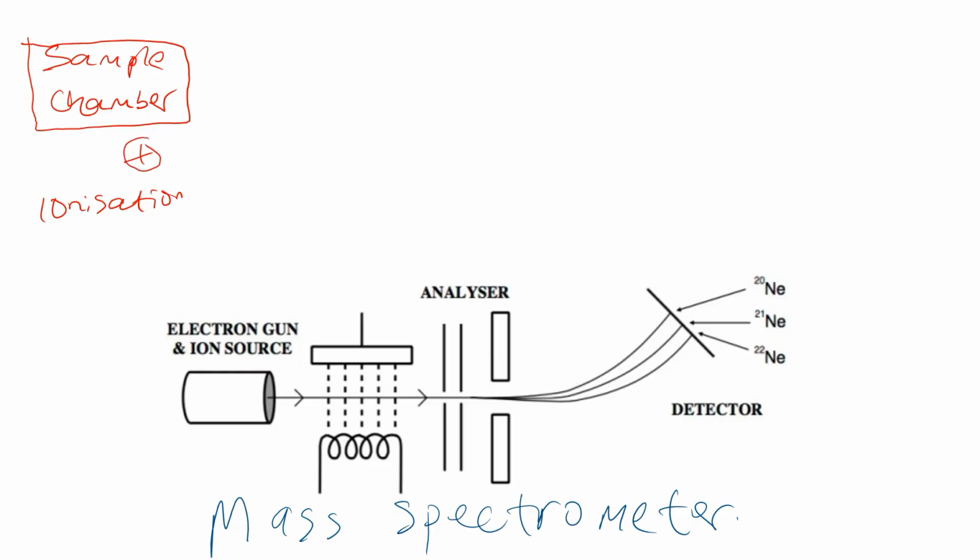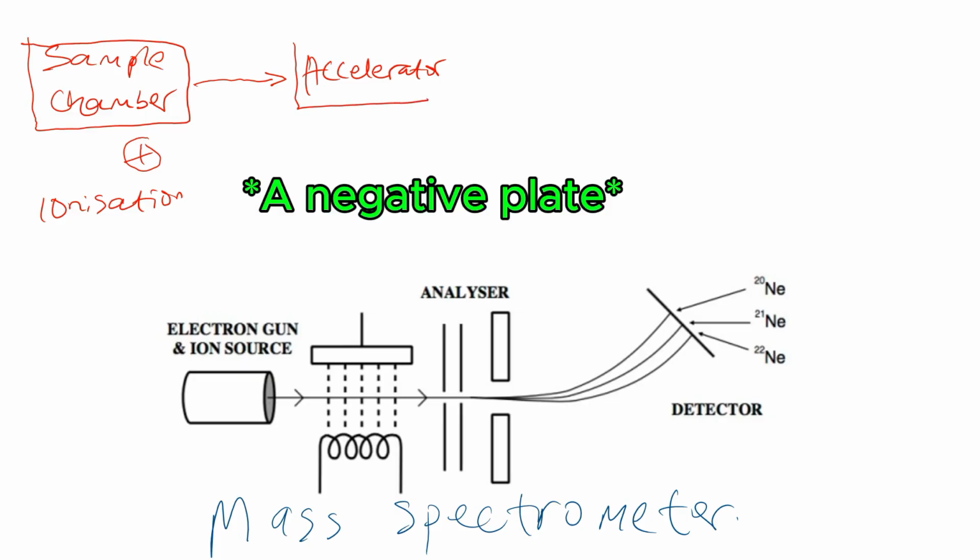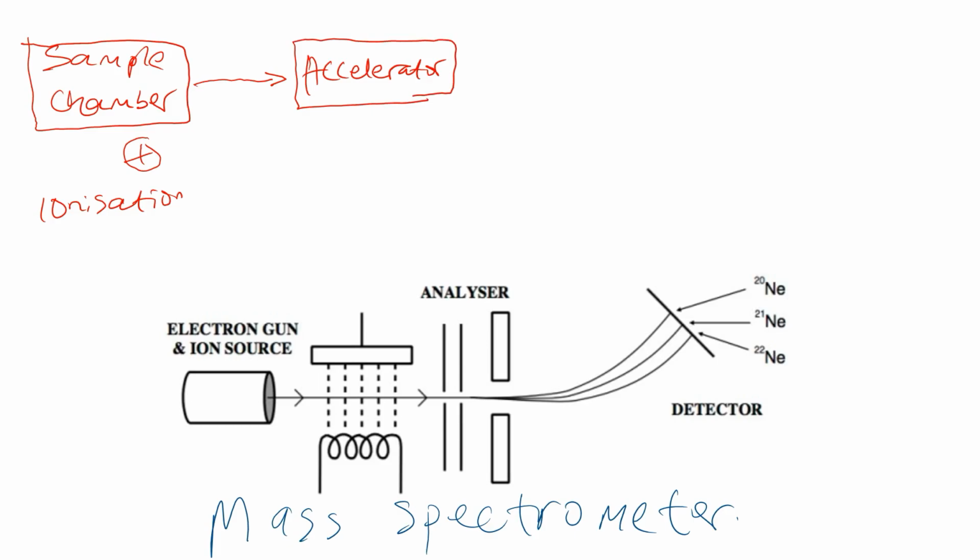Now after the sample chamber, the ions are attracted towards the negative plate of a component called the accelerator. The accelerator contains a negative plate, and the ions, being positive, are attracted towards it.